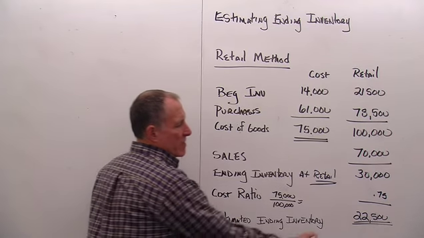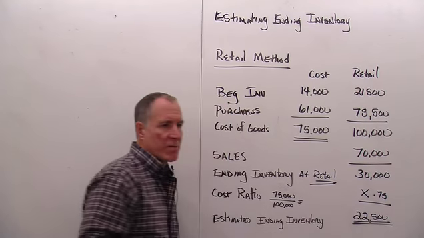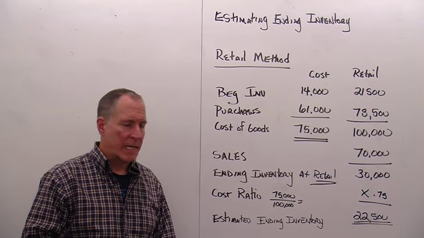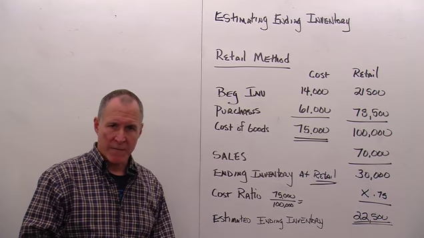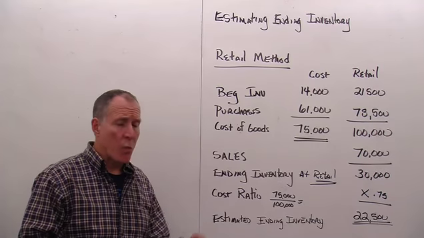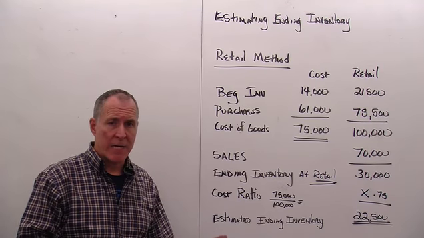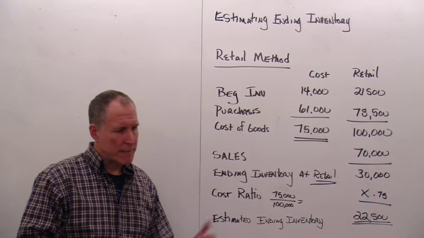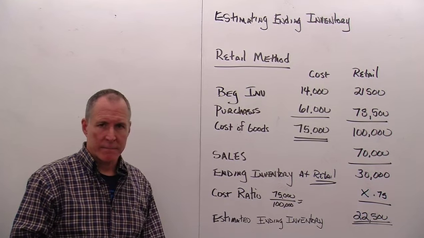Take 75% times the 30,000, and my estimated ending inventory is 22,500. So this is one of two ways to estimate our ending inventory without taking a physical count. Come on back, we'll take a look at the next method.